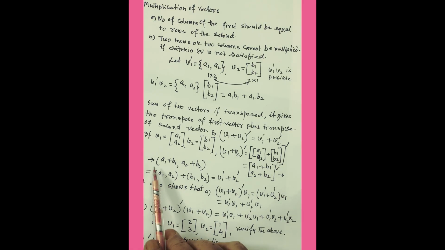This is equal to A1 A2 plus B1 B2, which is equal to P1 prime plus P2 prime. That means the transposition of vector P1 plus the transposition of vector P2. Okay.